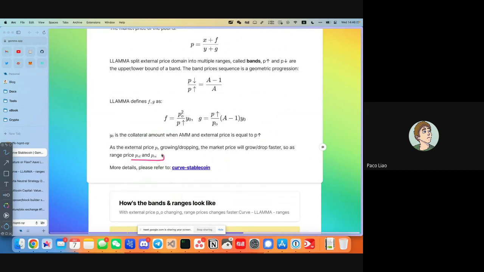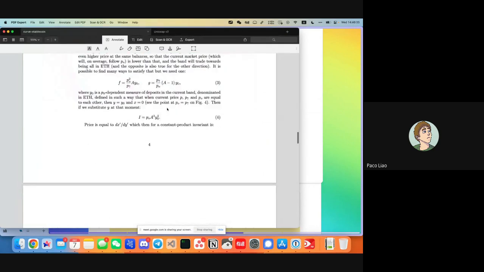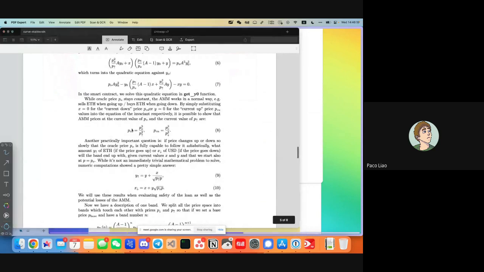I will not go into too much detail about this. You can check the white paper. So actually, the PCD and PCU formula is here. You can see that with PO increasing, PCD is also increasing faster, and PCU is also increasing faster.